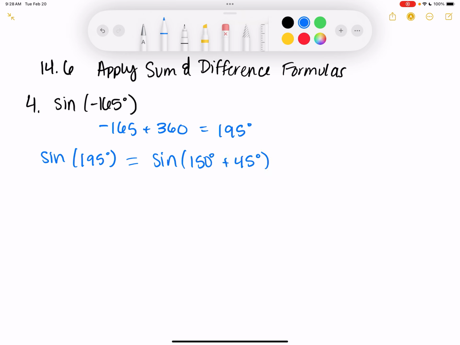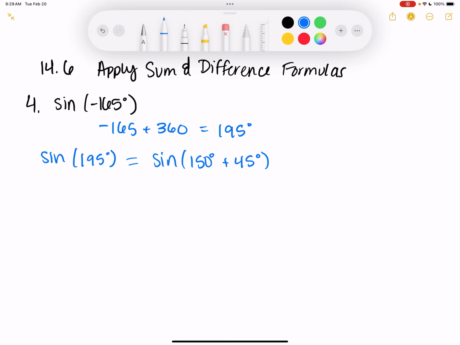Like I said, there's different values that you could pick instead that would give you the same result. 135 and 60 would also work. So it's up to you which one you end up picking, but we'll just go with this one because this is the first one that was said. So now I take the formula that I had.